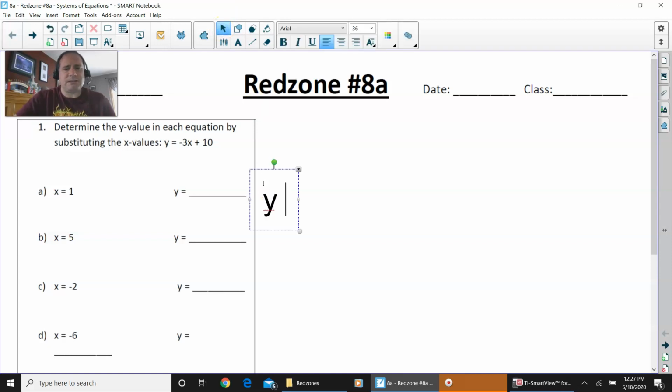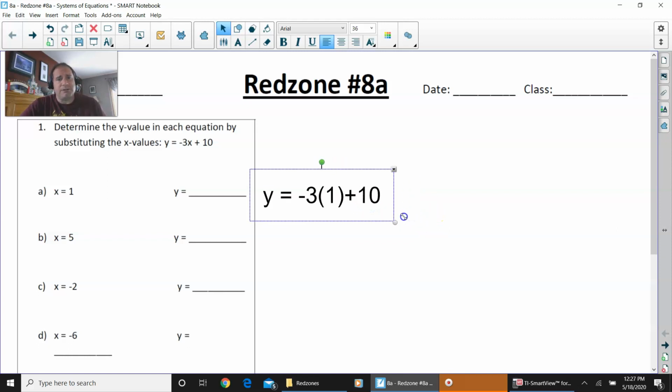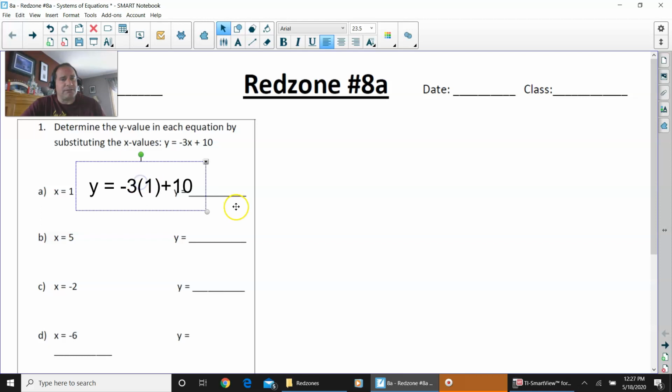You're going to use that equation and substitute that x in as 1. That's basically it. So you're substituting that in, and that is the work that you are going to show on your homework, just like that.